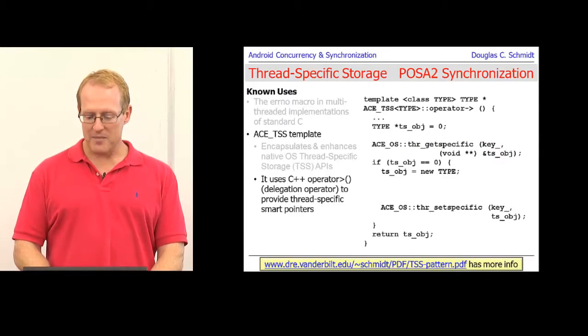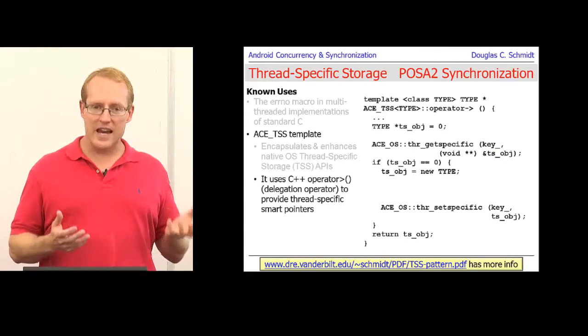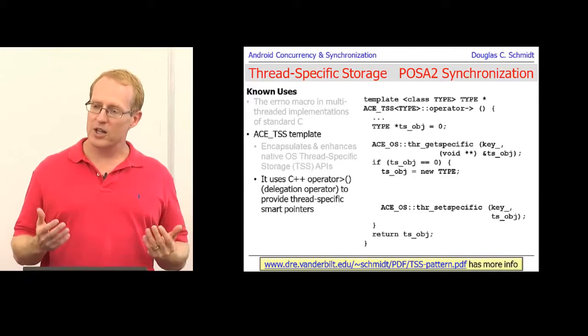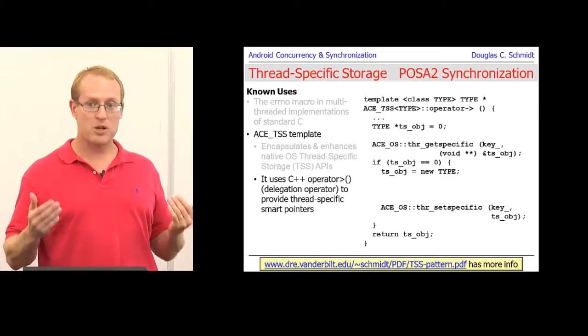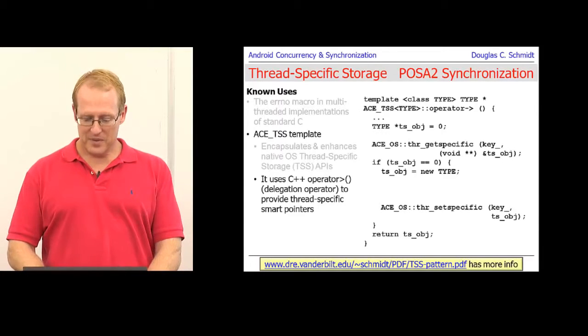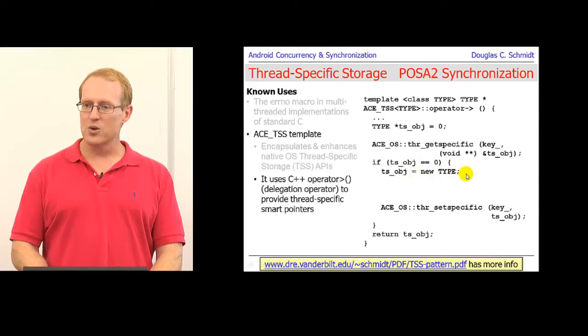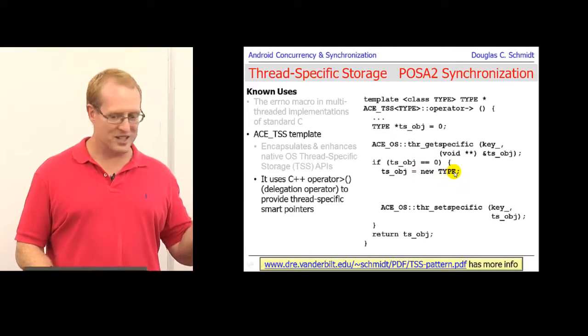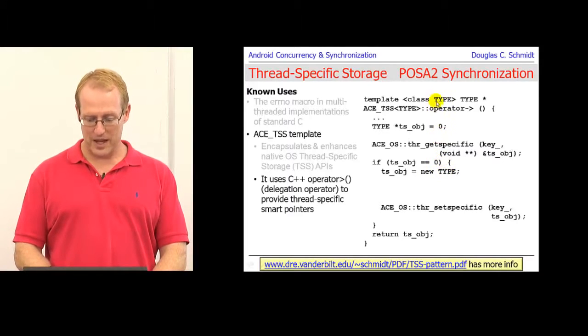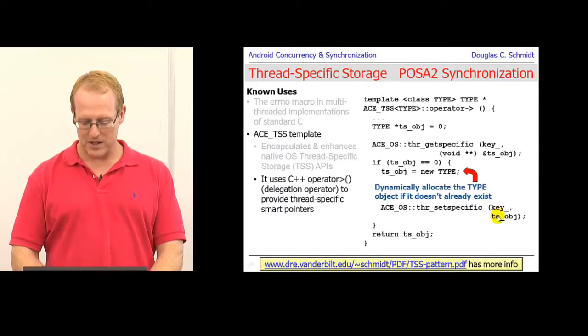And it says, hey, is there any data? Is there a pointer that's previously been initialized for this particular key in this particular thread before? And if the answer is no, then it goes ahead and it makes a new one. It creates a new thread-specific instance dynamically of the type. And then it says, go ahead and set that thing into thread-specific storage.